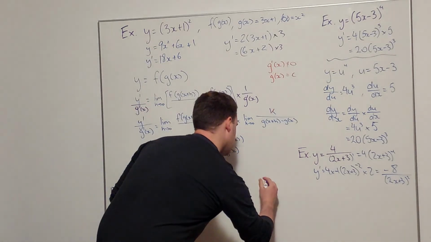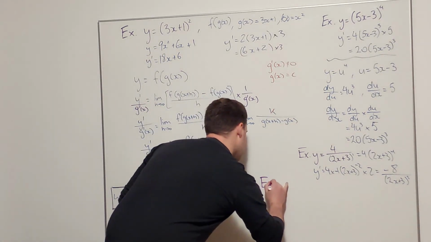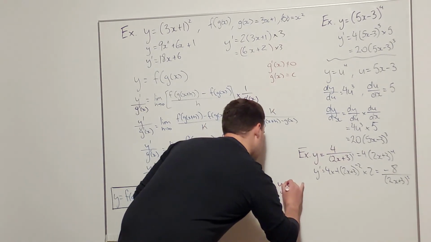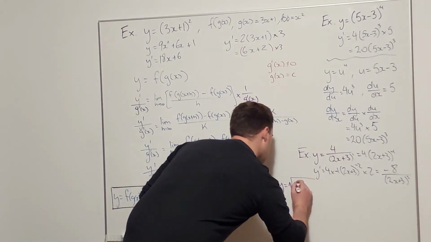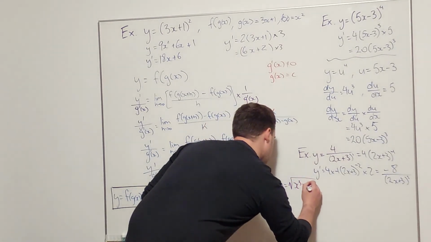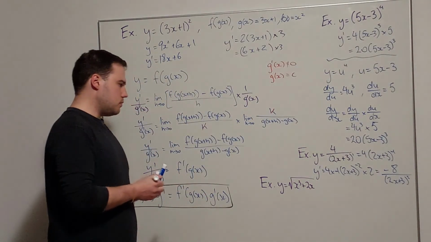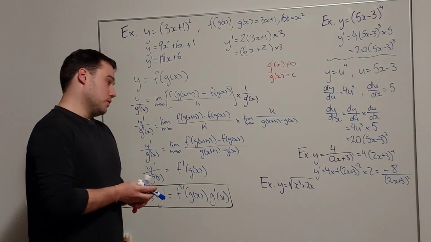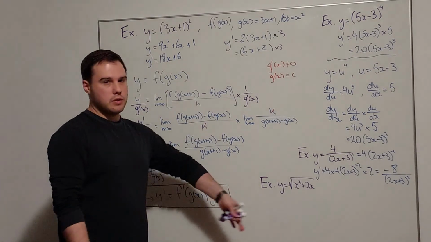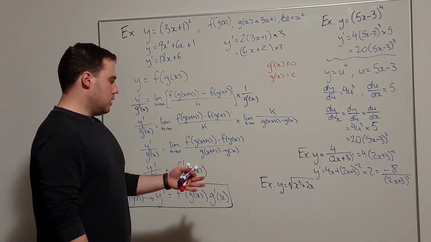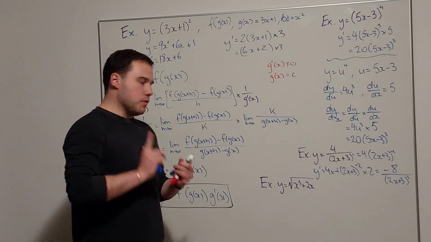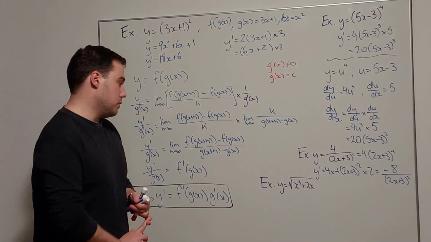All right, and one last example. Like we just did, we want to use the power rule, but if we want to use the power rule, we need to represent it with a power.